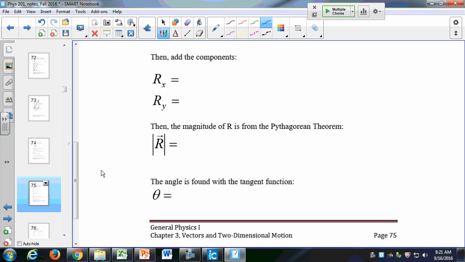So this is my vector r. So graphically, that's what we've done. We found the x and y components of A, the x and y components of B, and that gives us the x and y components of R, and then we use those to find the angle and the magnitude of R.